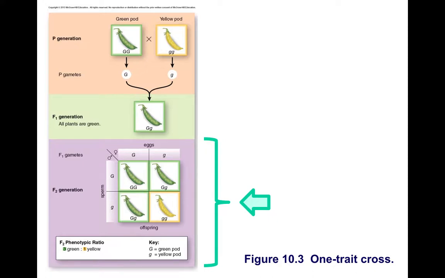Before we study this part in more detail, let's just note that all of the babies in the F1 generation were of a genotype capital G and lowercase g. So that is what their alleles are. But their phenotype was always green. So now we take two plants like this and fertilize them together. What kind of babies can we have in the F2 generation?